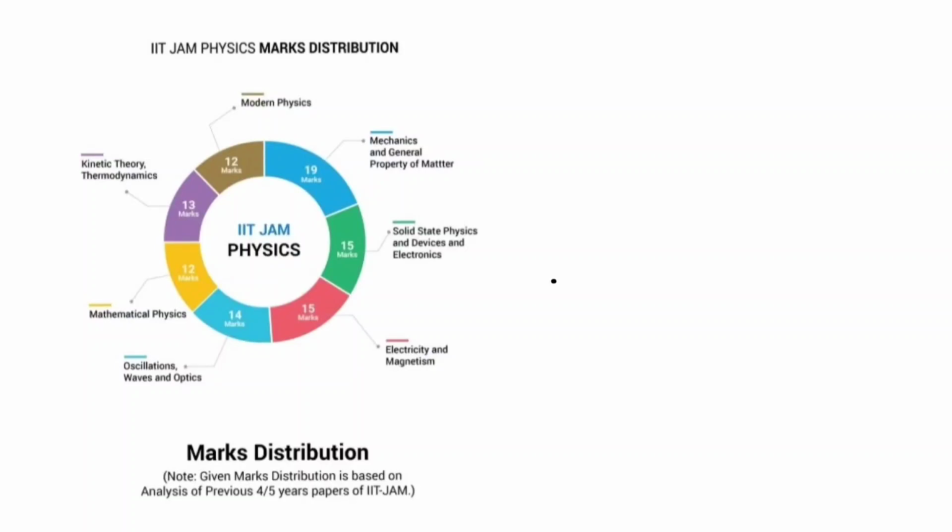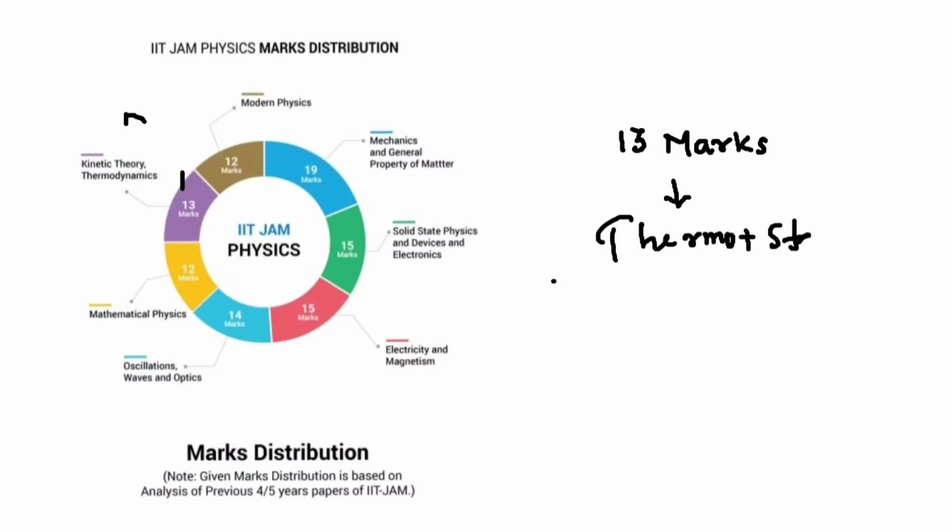So we are starting this unit, thermodynamics plus statistical mechanics. It includes 13 marks in general. This is general, not sure. Every year it will not be 13. In some years it will be 10, and in some years it will be 15.